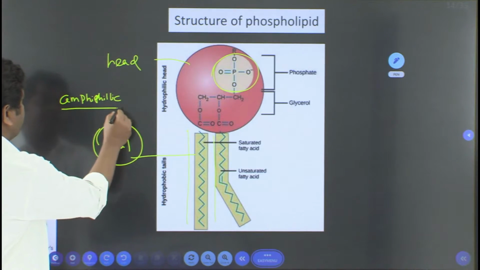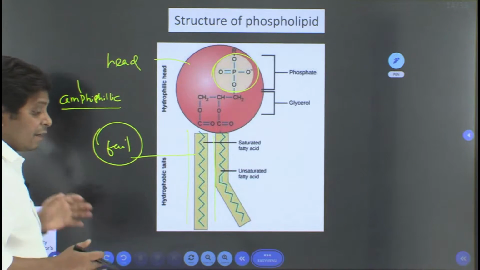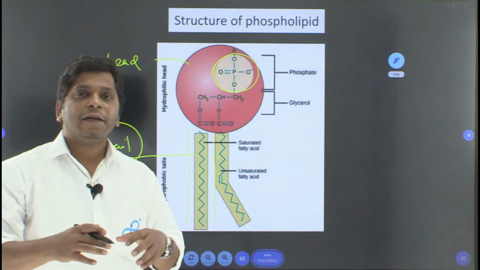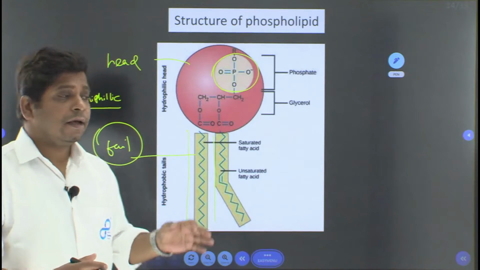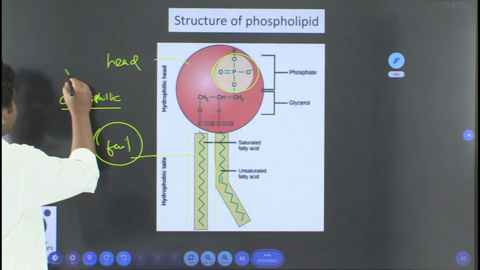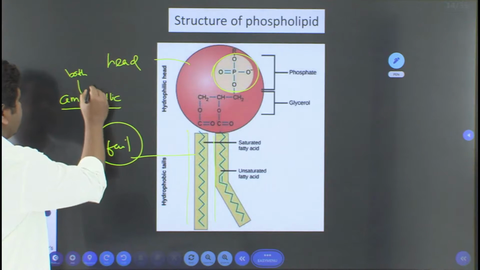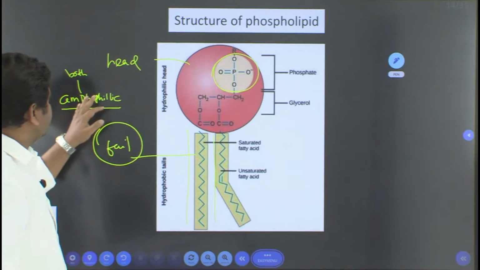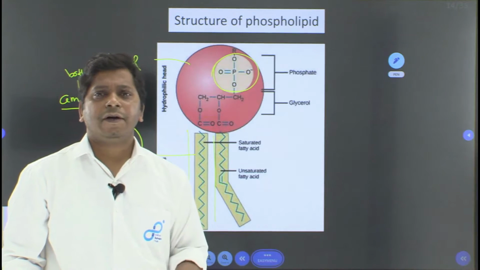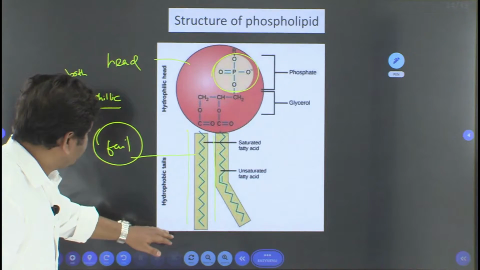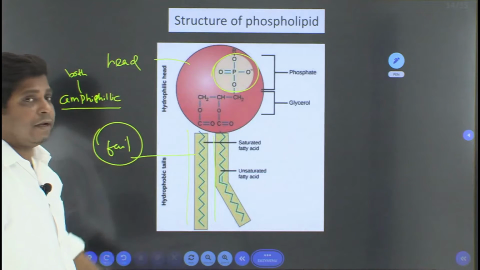Why is it called amphi? Amphi means just like amphibians, they live in both habitats, terrestrial as well as aquatic. Amphi means both. Philic means likingness. That means they like both lipids as well as water, because they have a hydrophobic end as well as a hydrophilic end.